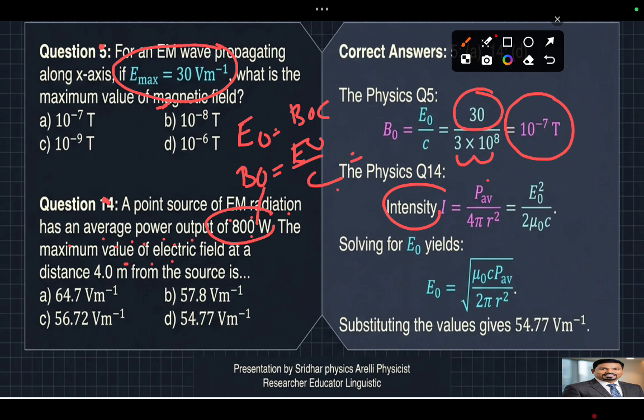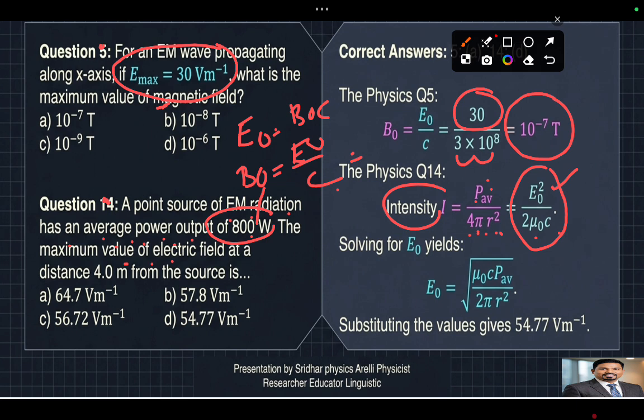Intensity I equal to P average by 4 pi r square. This intensity we can also consider as E square by 2 mu c; if you are taking vacuum, E naught square by 2 mu naught c. This is a relation for intensity.